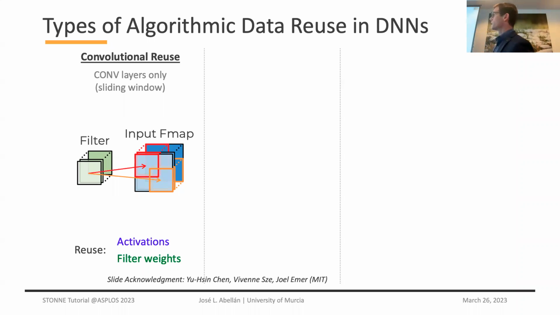If we think about how the weights in the filter are computed using this sliding window approach, essentially you can reuse the filters in the sliding window, but also certain parts of the activations or input data can be reused.